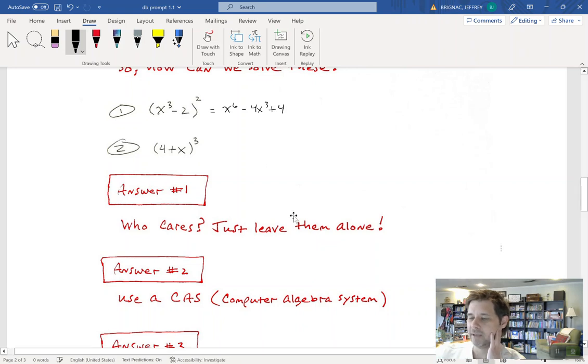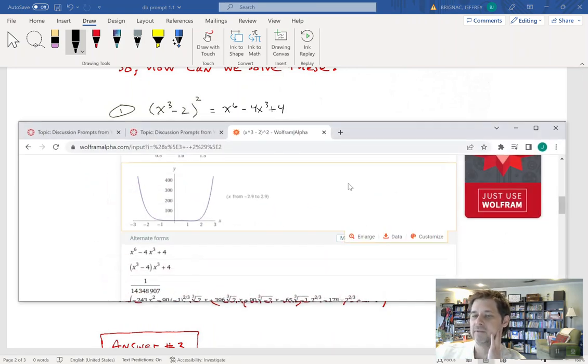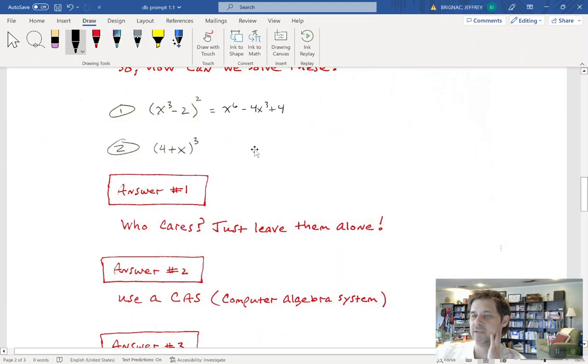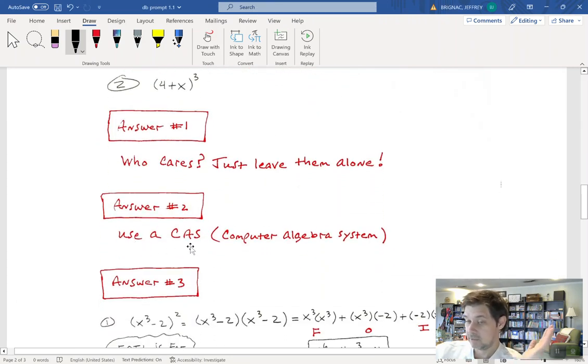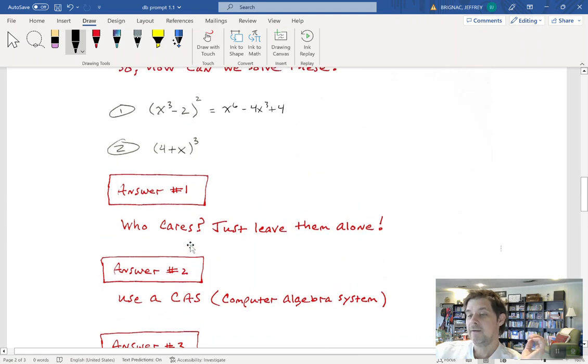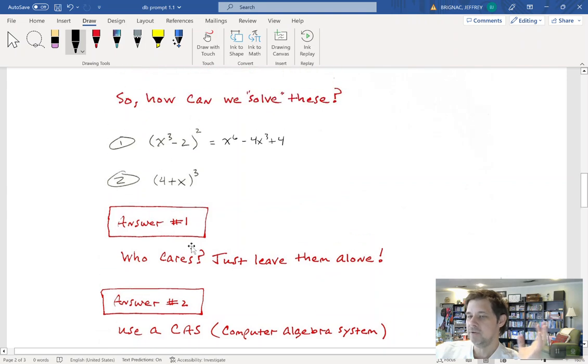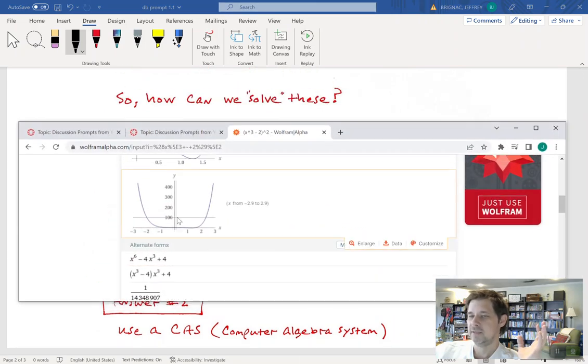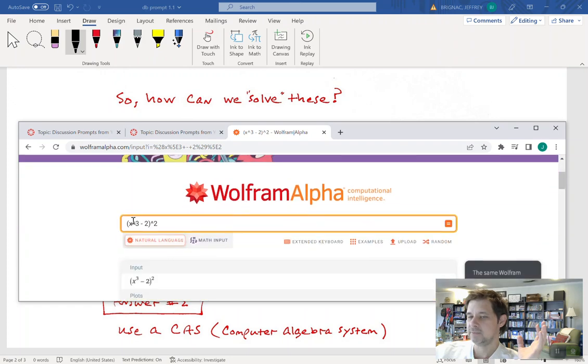It would be bad if I did not mention the role that technology plays in doing all kinds of math. So you could use a computer algebra system. Now, I would be a little unsettled if all somebody knew how to do was type things into a computer algebra system or a calculator, and they had no idea what was going on behind the scenes.